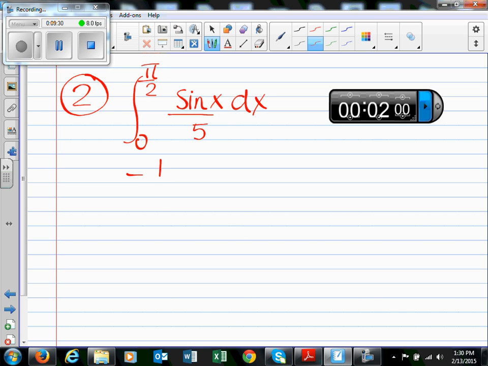So this is going to be negative 1 over 5 cosine x, from 0 to pi over 2. Because it's not just cosine. Are you following?